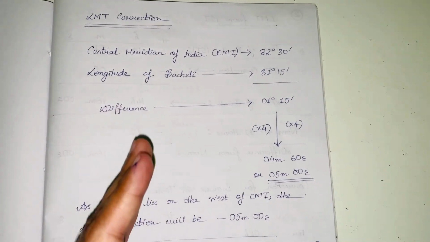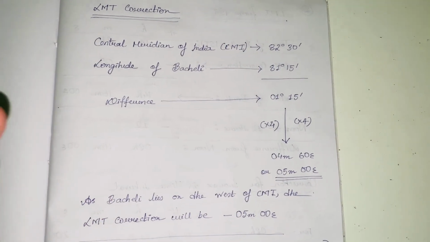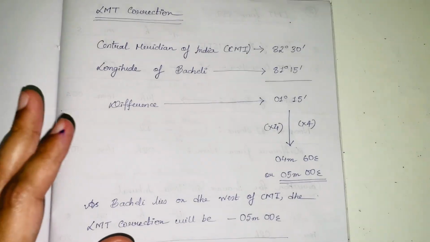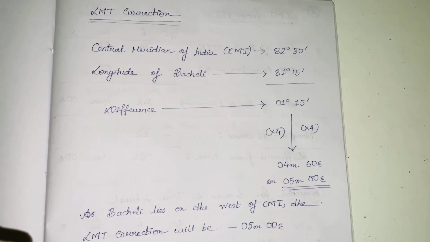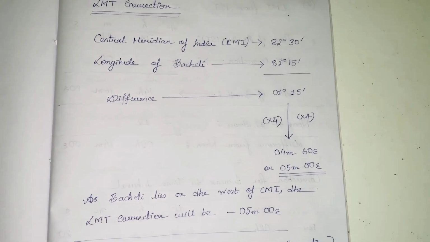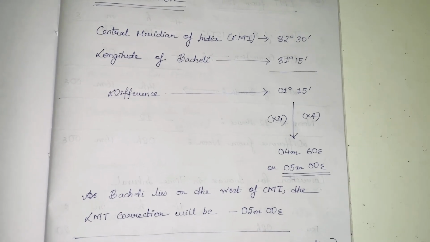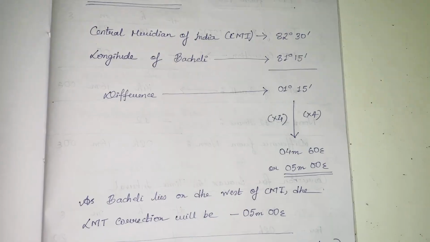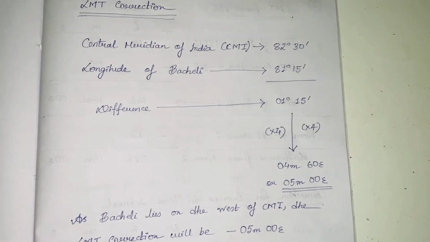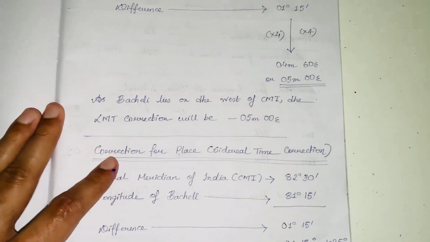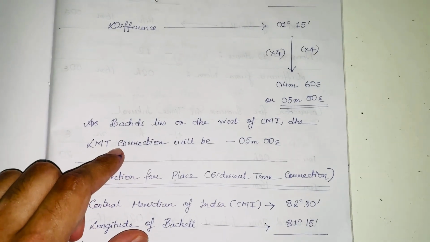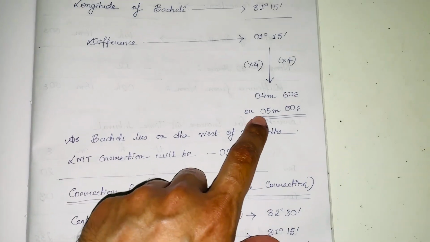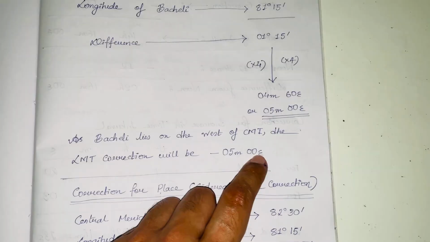So we say BACHELI is placed on the west of the CMI. In this particular situation, whenever a place is located on the west of the central meridian of India, the value of the LMT correction will be minus. So the LMT correction for BACHELI will be minus 05 minute and 00 second.